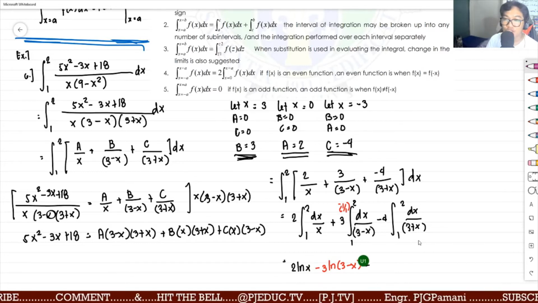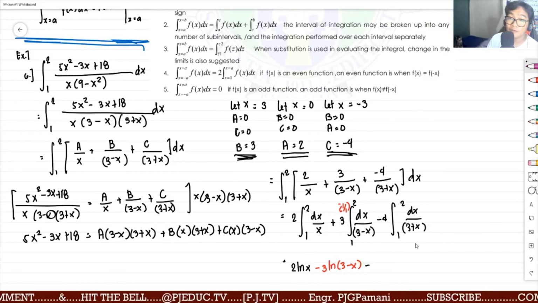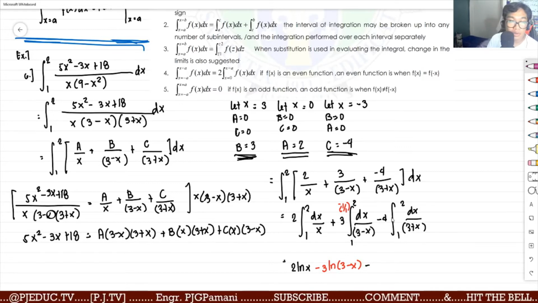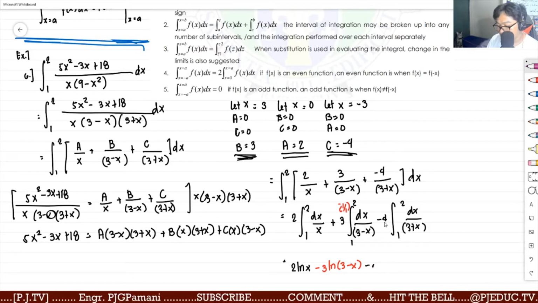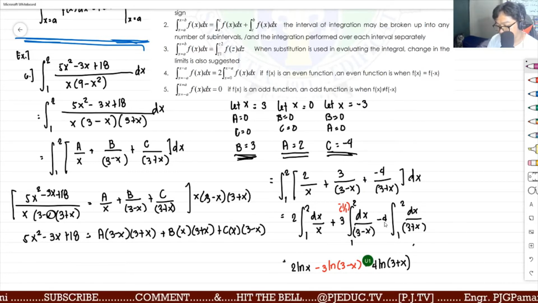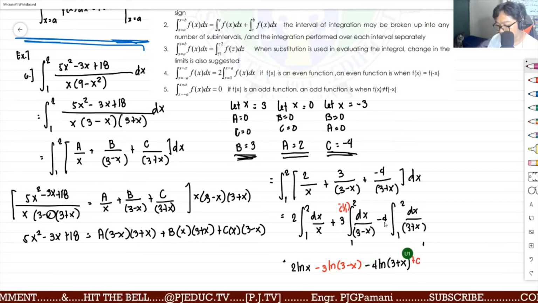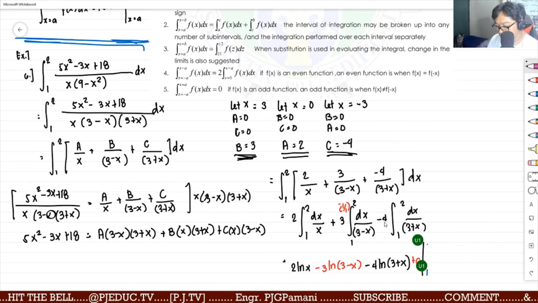Minus, differential of 3 plus x is positive dx. That is now minus 4 ln 3 plus x. Then your integration constant, so makakancel din lang naman yan.